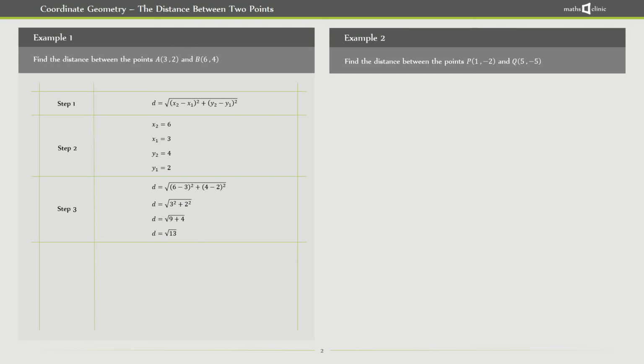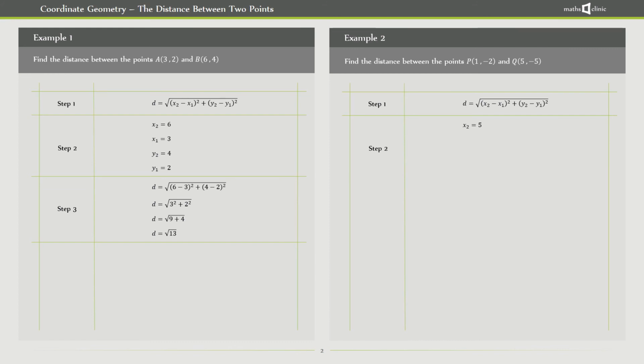So find the distance between the points p (1, minus 2) and q (5, minus 5). Similarly, the first thing you want to do is identify the relevant formula. Okay, we have that there, and then right after that we want to get our parameters out. So we have that x2 is 5, because x2 is in point q, our second x value.